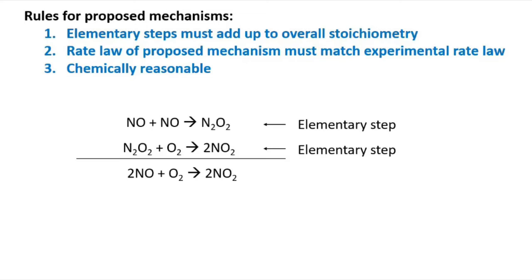And there's not a great way for you at this level to work out what chemically reasonable means. That's something you'll refine over time. But at the very least, it's reasonable for two molecules to collide, or maybe even three molecules, but it's not reasonable to require 6 molecules to simultaneously collide in exactly the right orientation for a reaction to happen. So for you, this is a lot related to the reaction order.